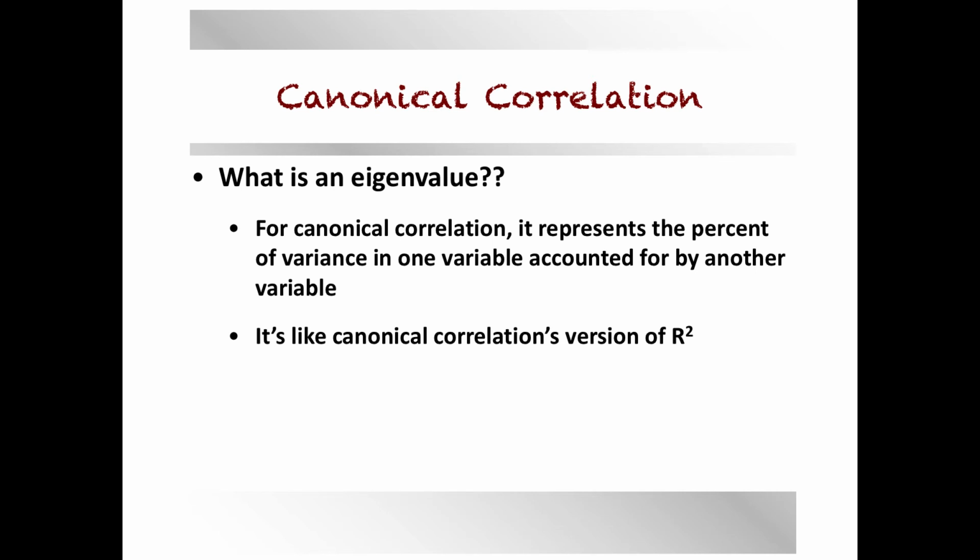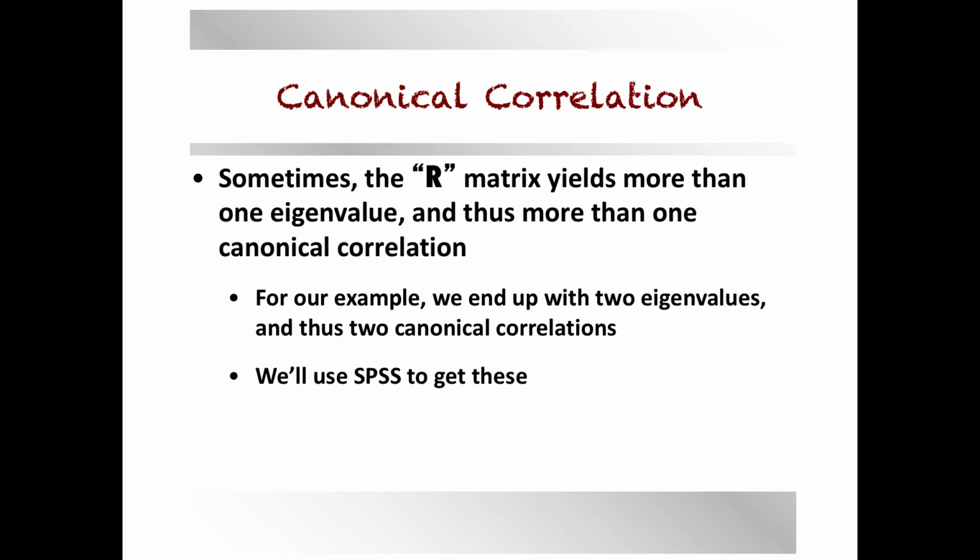For each canonical correlation, it's a square root of an eigenvalue. So a canonical correlation squared is an eigenvalue, and it represents the percent of variance in one variable accounted for by another variable. So this is our R squared for canonical correlation as represented by an eigenvalue. These eigenvalues are amazing.